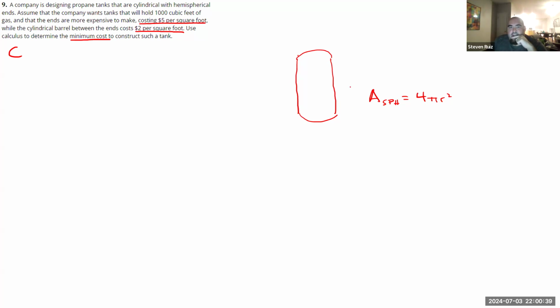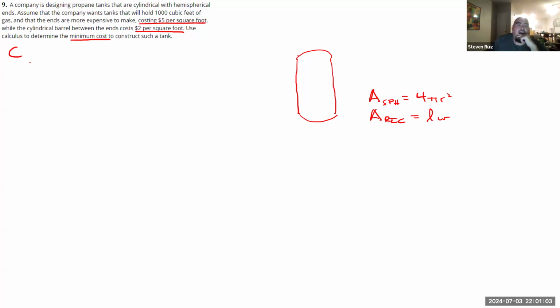That is going to be a rectangle. If you were to take the straight part between the two ends and unroll it, that would be rectangular. So that's just going to be a length and a width. We should find a way to relate these things to each other.